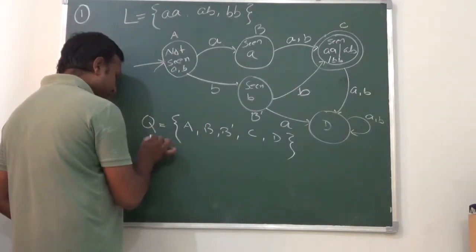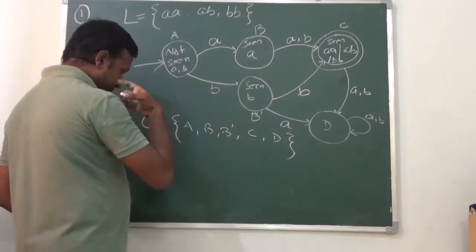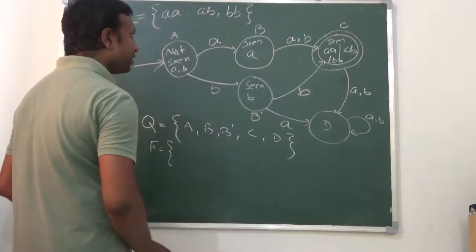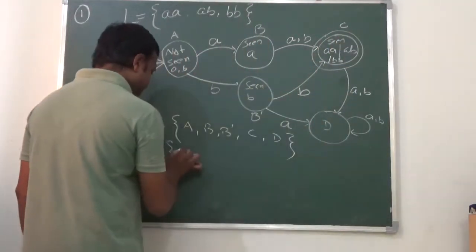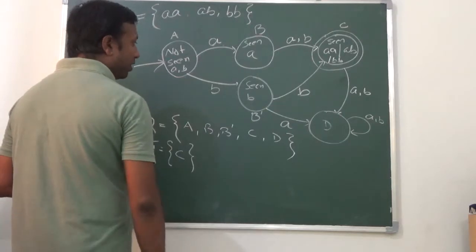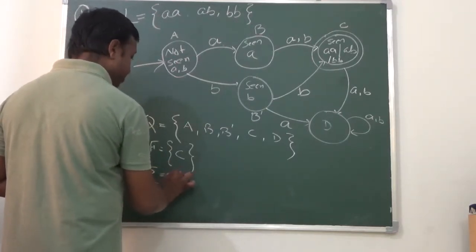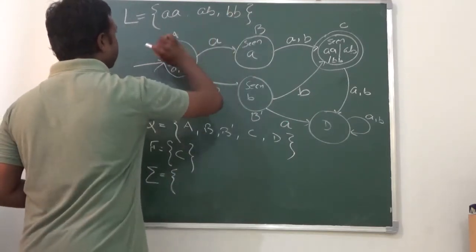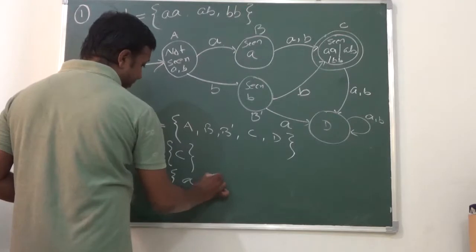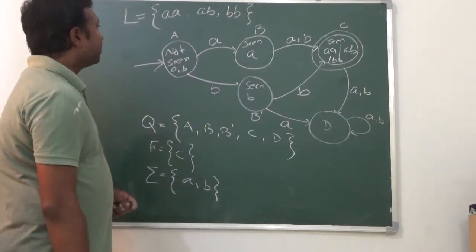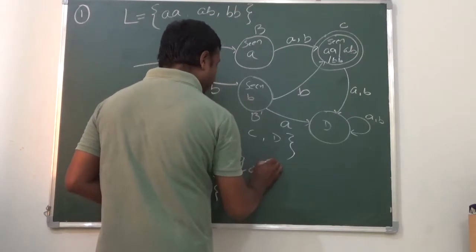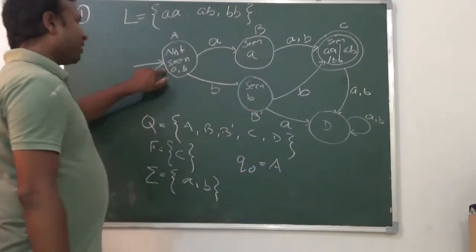Now what is the final state? There is only one final state, which is C. So the final state is C. Sigma is nothing but the symbols permittable in this language, and the symbols permittable in this language are A or B. Then we have the start state Q0, which is nothing but the state A. From this point I will start.